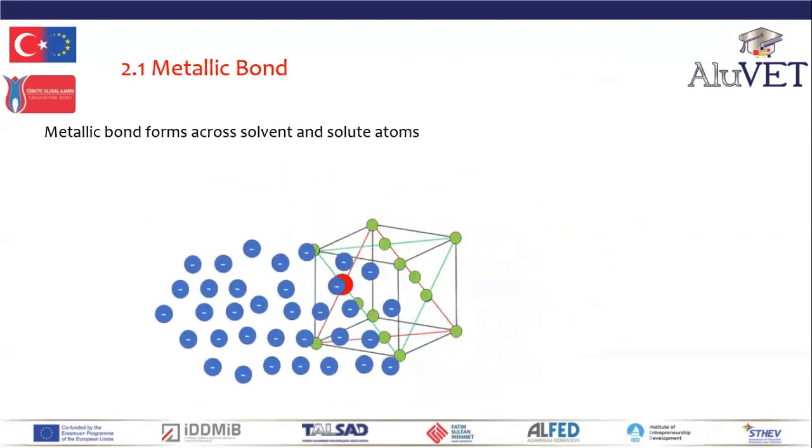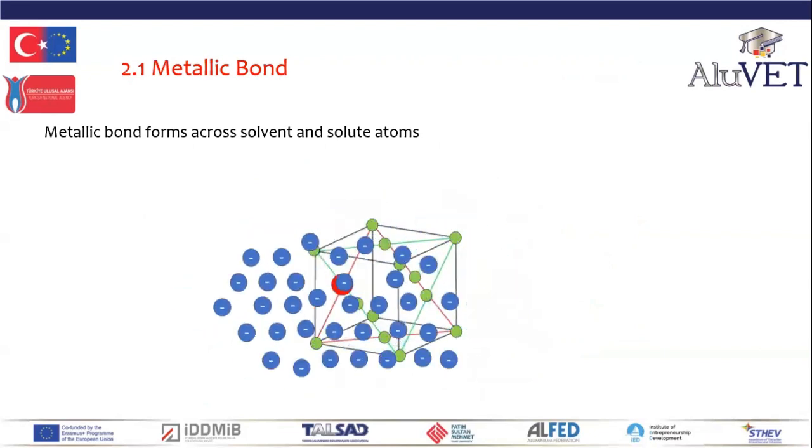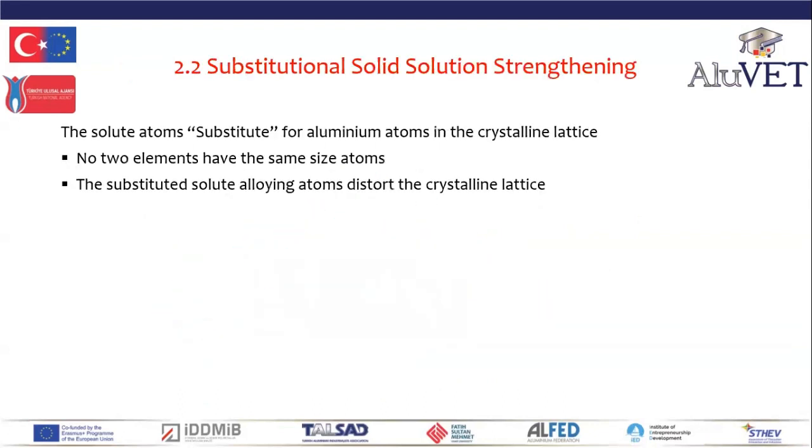So when we alloy, the alloying element replaces an aluminium in the cube within the grains. Solute atoms, the alloying atoms, substitute for an aluminium atom in the face-centered cube, either in the corners or the middle of the faces within the crystalline lattice.